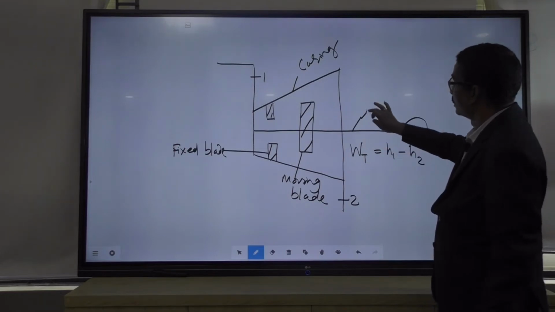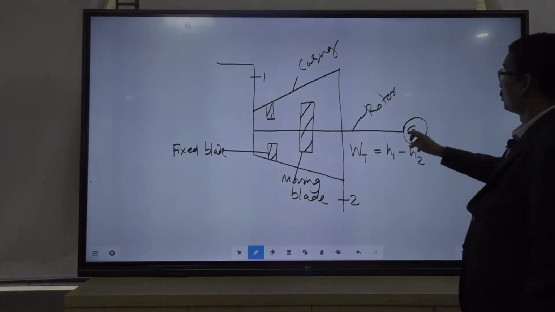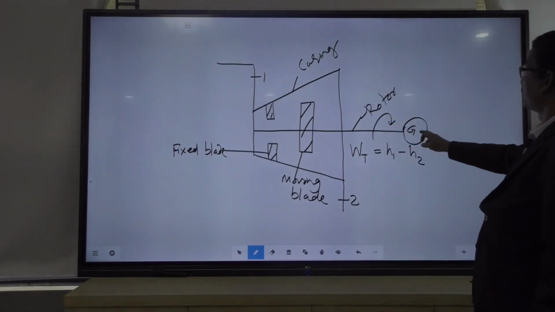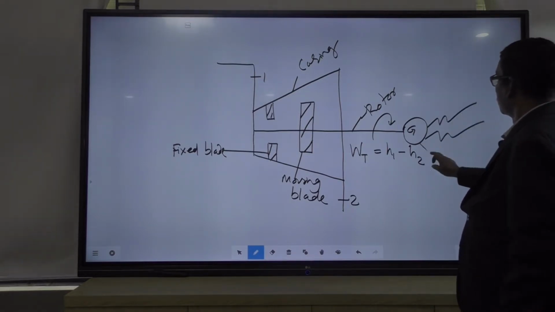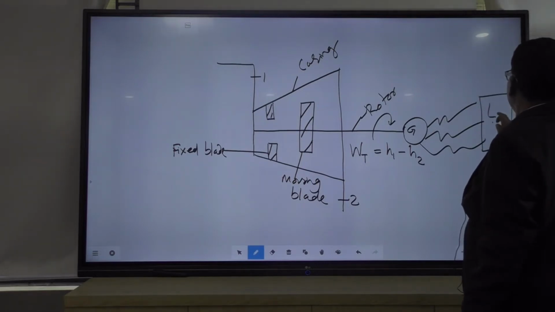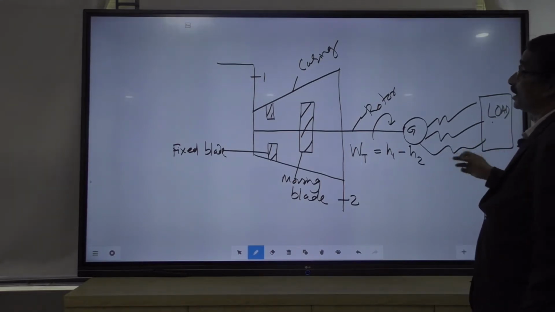This is your rotor or shaft, and the output of the turbine is utilized by the generator, which will produce electricity, and it is connected to the load, any type of load, factory load or any consumer load.